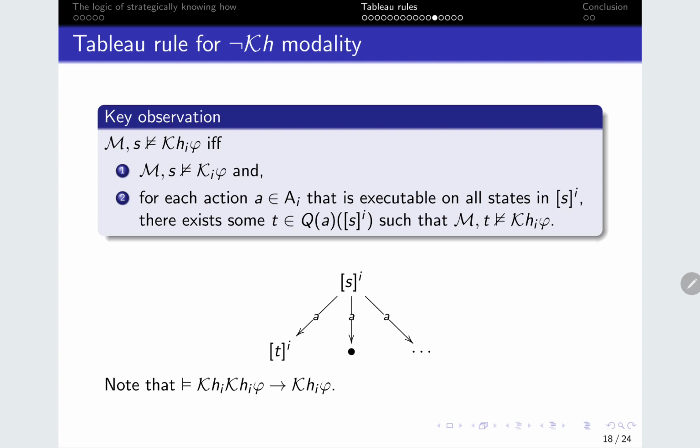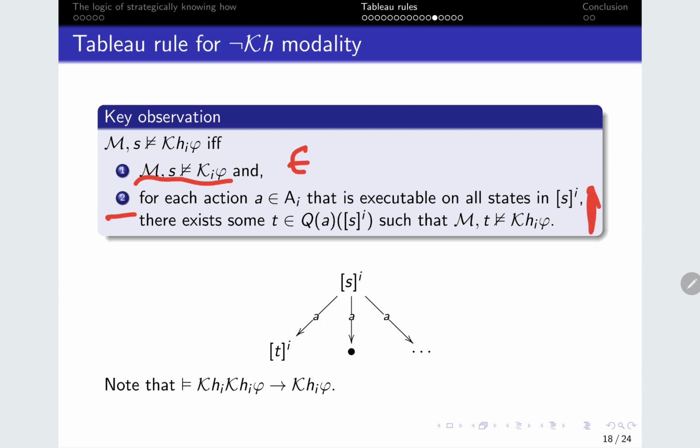Know-how phi is not true on the state S if and only if, firstly, know-that phi is not true on S. This condition means the empty strategy will not be a strategy for know-how phi in S. And the second condition says that each strategy with more than one step will also not be a good strategy for know-how phi on S. That is, for each action A that is executable on all states in the belief state of S, there must exist some successor T such that know-how phi is not true on the successor T.